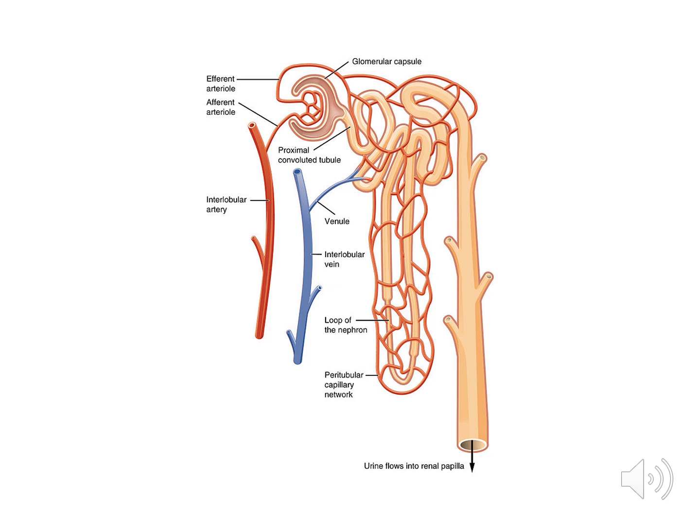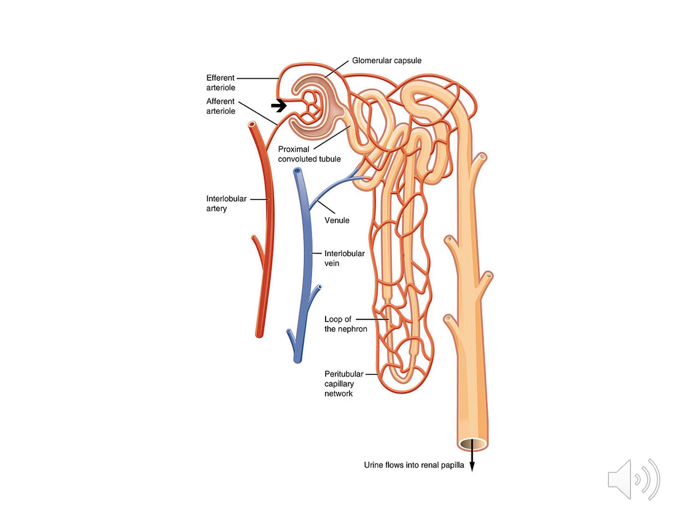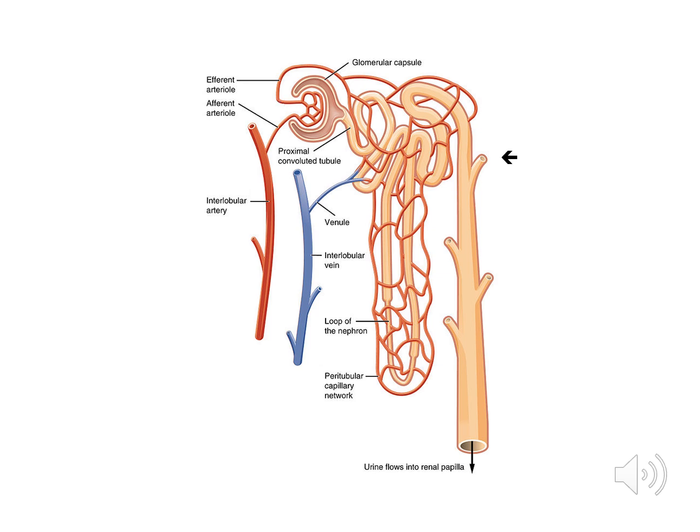There is a glomerulus, or vascular component, where blood is being filtered through the nephron so it can be cleaned. And then we have a tubular component that collects the filtrate that eventually is going to become urine. So we've got the vascular component and the tubular component.